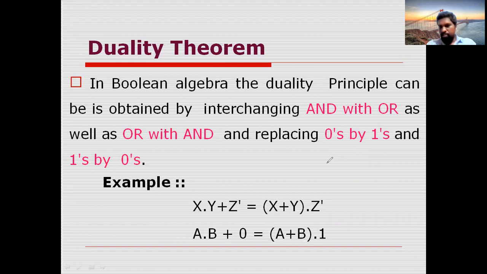What is the operation you need to follow? Wherever you find the AND operator, the symbol of AND is dot, and as per the rule, AND is to be replaced with OR.